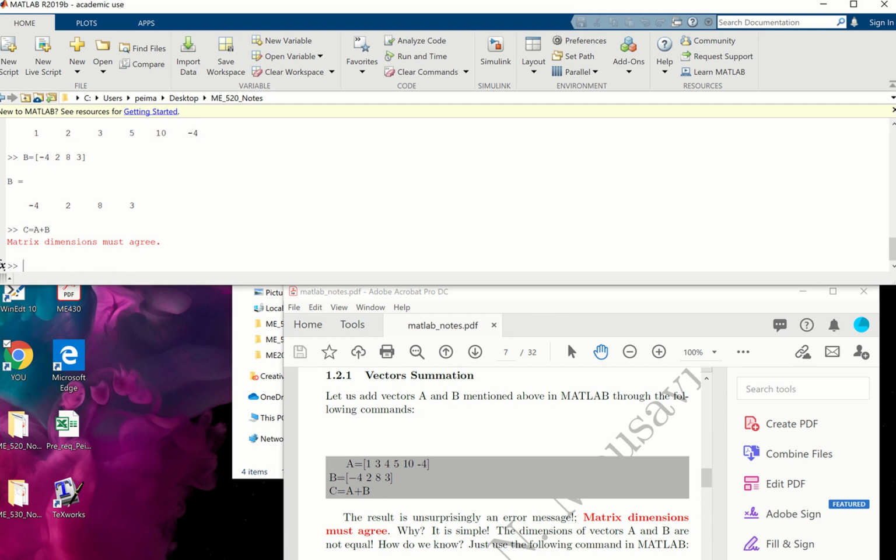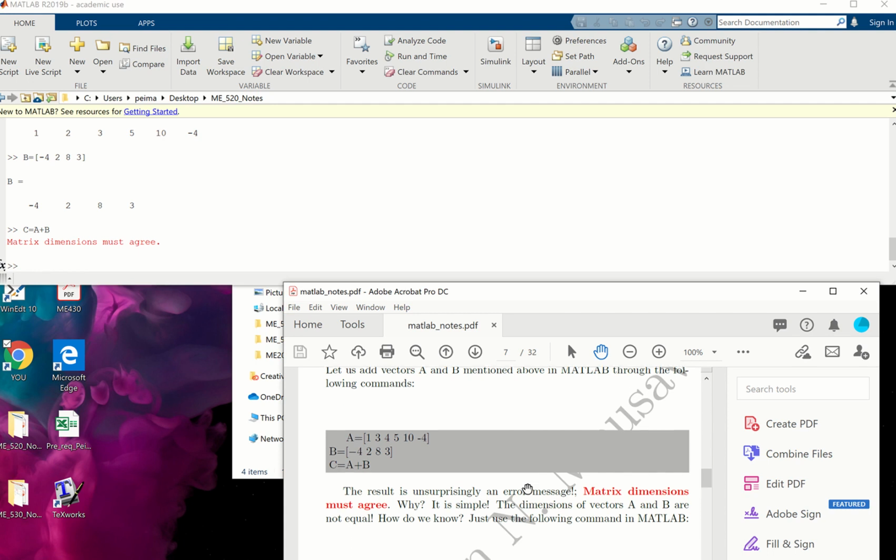That's why MATLAB says, hey, wake up: matrix dimensions must agree. If not, bye-bye. The dimension of vectors are not equal. The dimension of A is 1 by 6, and the dimension of B is how much? 1 by 4.